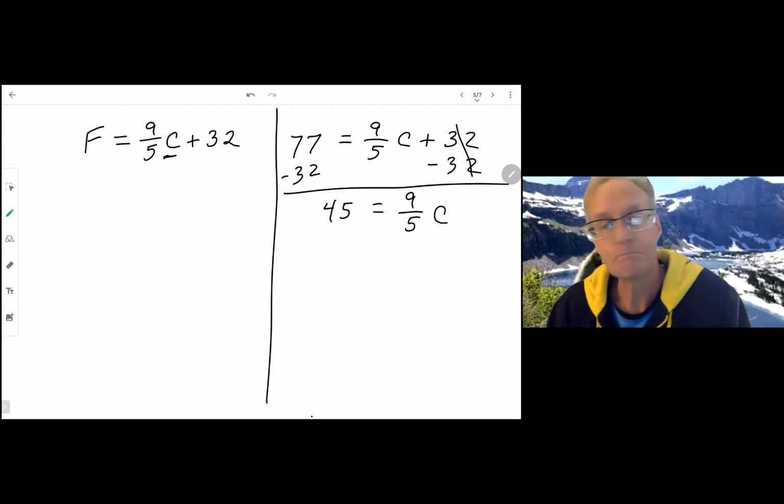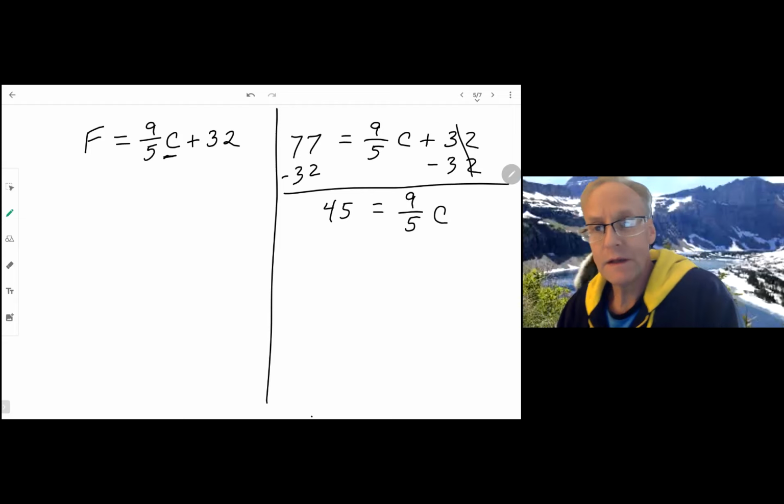Now, I want you to think about the fact that I could do the opposite to both sides, divide by 9/5. But when we divide by fractions, we always end up multiplying by the reciprocal anyway. But think about it another way. What if I wanted to get rid of this fraction by simplifying? Wouldn't it be nice to have a 5 to cancel with this 5?